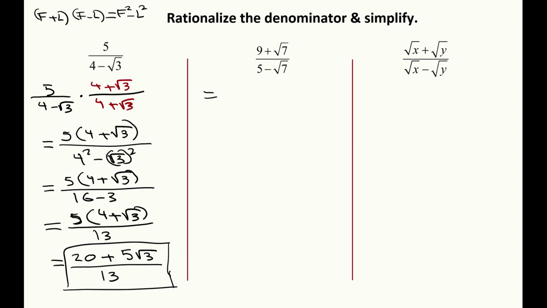Welcome back if you did. So we get 9 plus square root of 7 over 5 minus square root of 7. And remember, we're going to multiply both the numerator and denominator by the conjugate of the denominator.